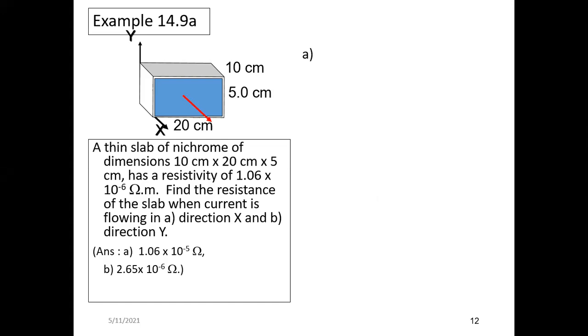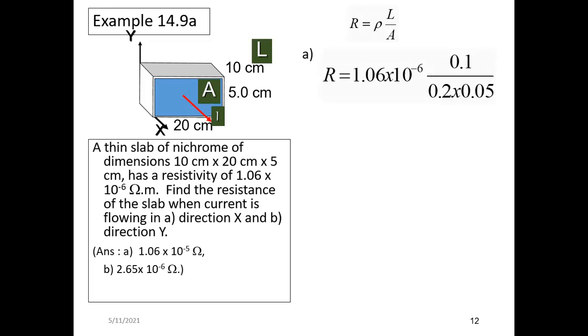Identify where the area is, where the length is. Area is perpendicular to the current. Length is parallel. That's the current, that's your area, that's your length.